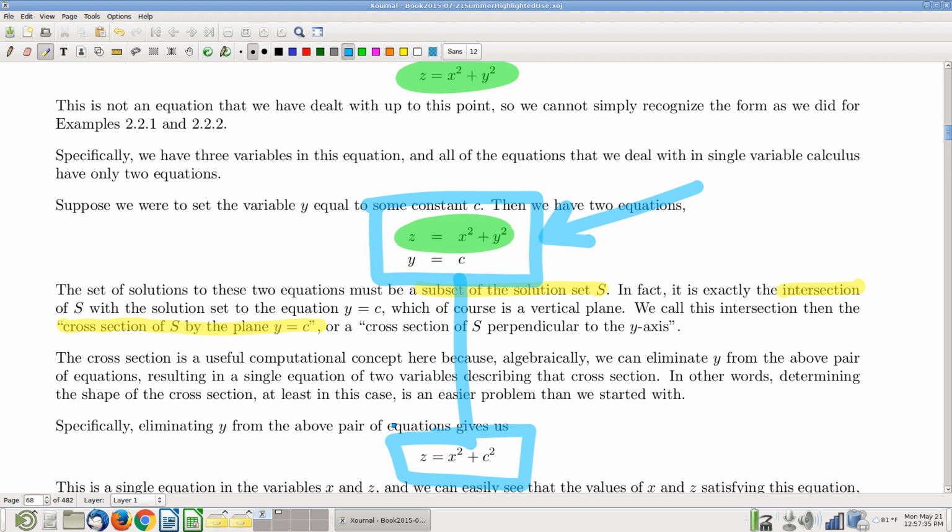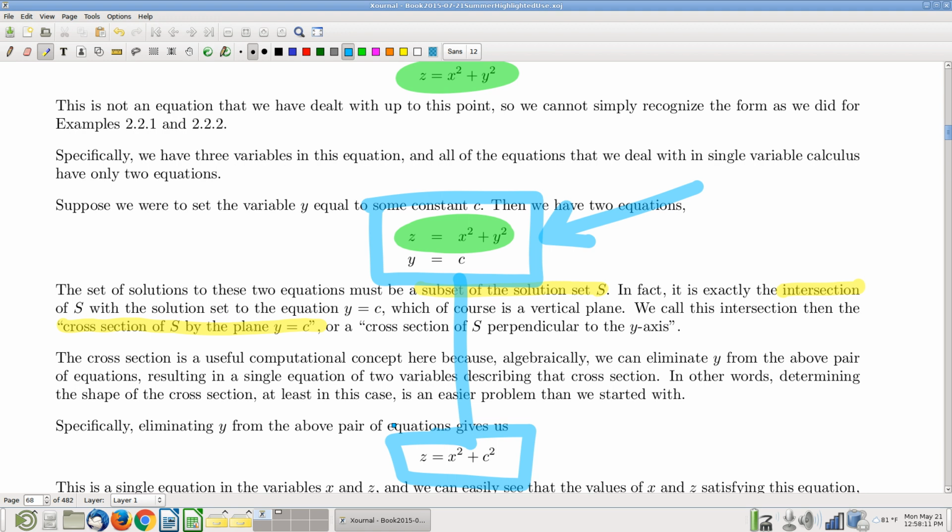And the way they relate is by thinking about what these two things represent geometrically. In green is the solution set I'm trying to understand. What is y equals c? That's just a plane. That's a vertical plane. This question that I've posed says, I would like to find points that satisfy both of these equations. Now let me say that again geometrically. I would like to find points that are on my mystery shape and that are also on this plane.